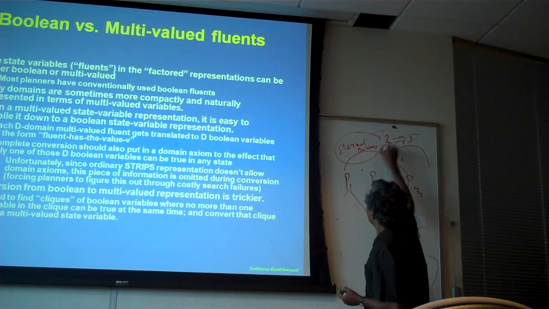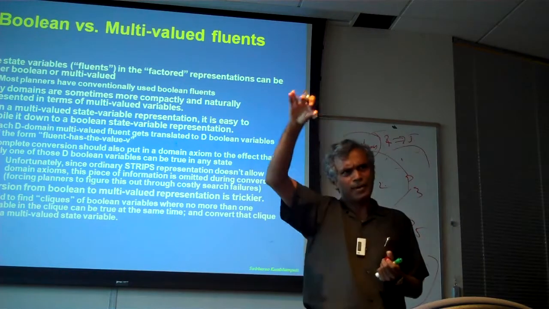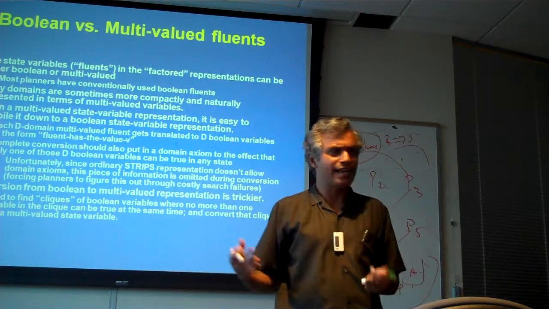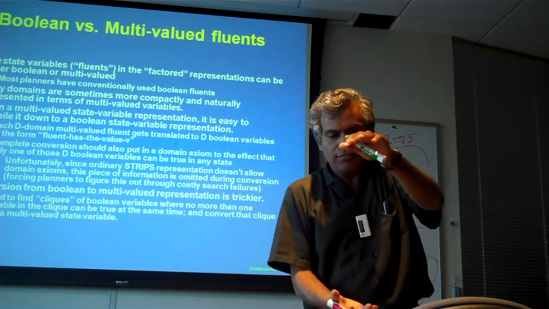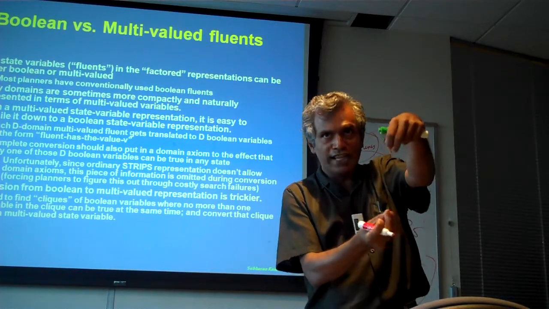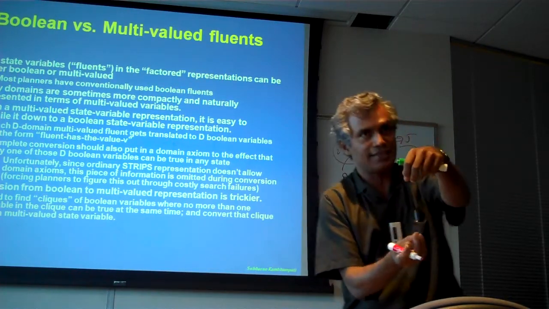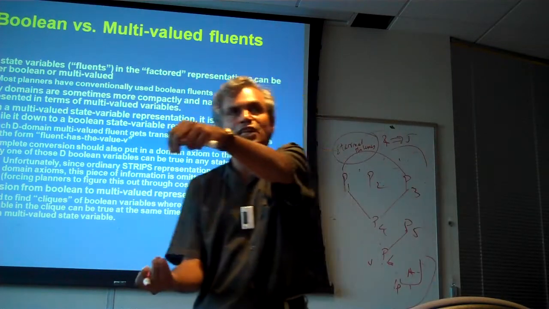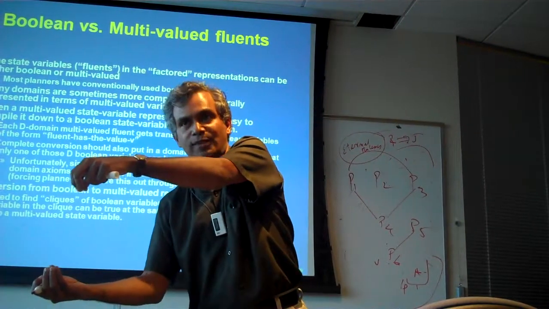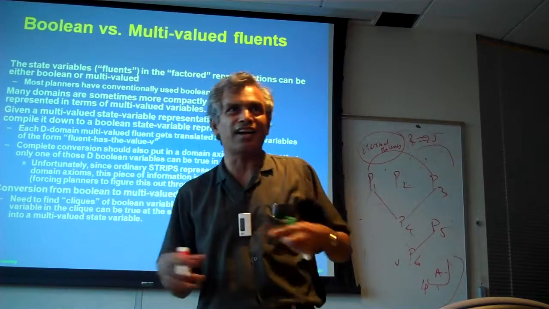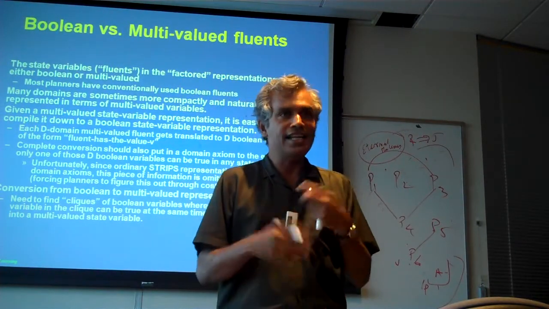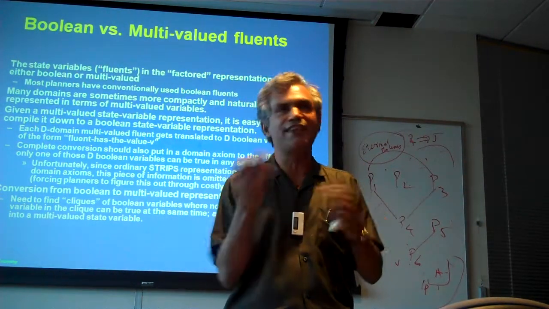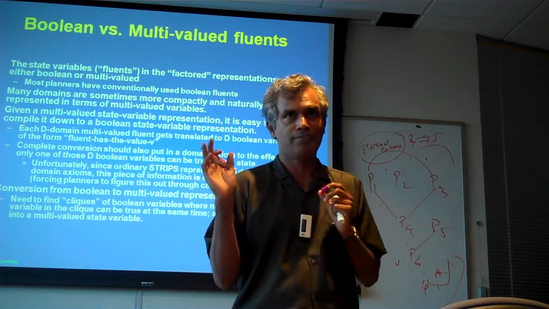In fact, when you read the graph plan part, you know that sometimes 2 fluents may be mutually exclusive for small lengths, for a given length of plan, but will become possible together for longer lengths of plan. Okay, those are called temporary mutexes. An eternal mutex is when these 2 fluents will never ever become true at the same time.